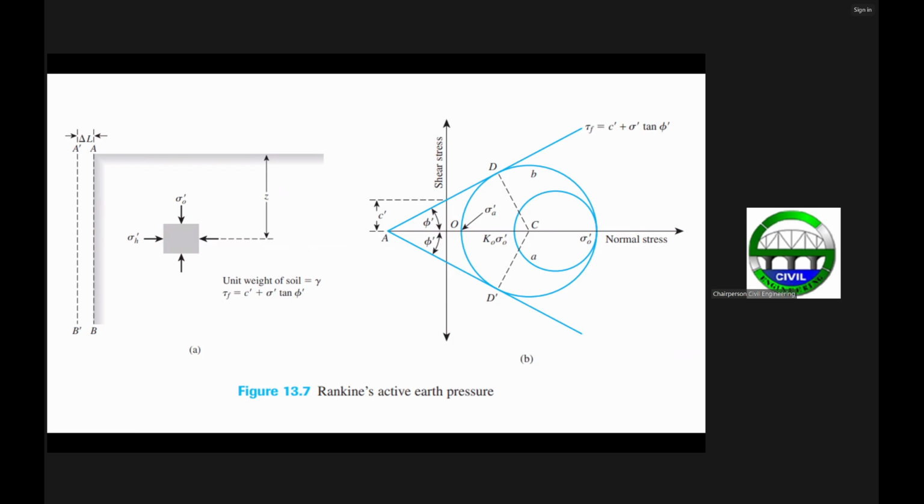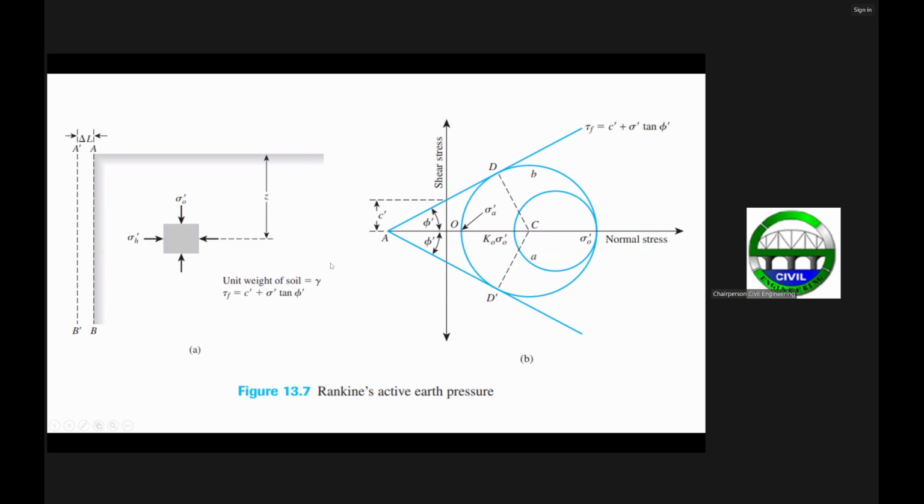That means when this soil fails, it follows this Mohr-Coulomb failure envelope. We now have our vertical effective pressures, or the overburden stress, and the horizontal effective pressures.